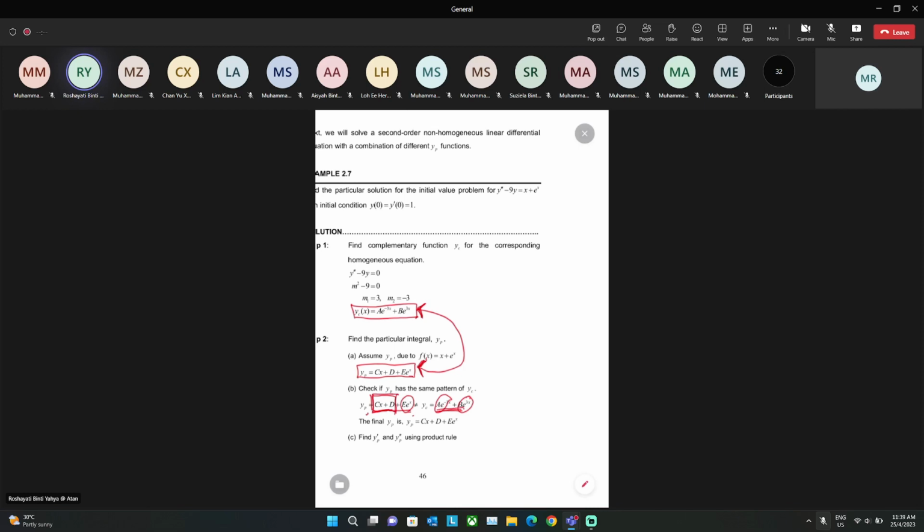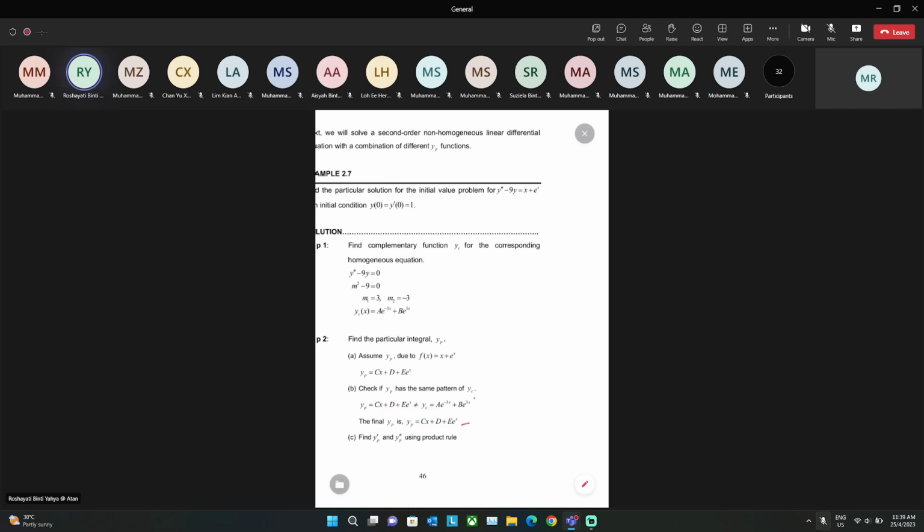So since YP and YC do not have the same pattern, the final YP becomes the YP that you got just now, cx plus d plus e exponential x.